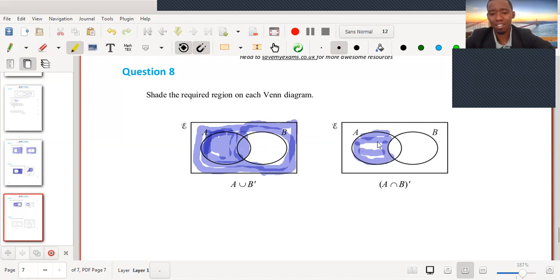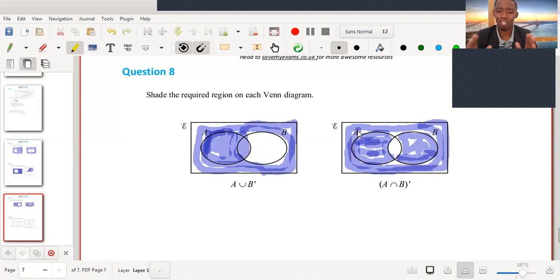And it will be this, and outside. Yeah. It just means don't touch the intersection only.